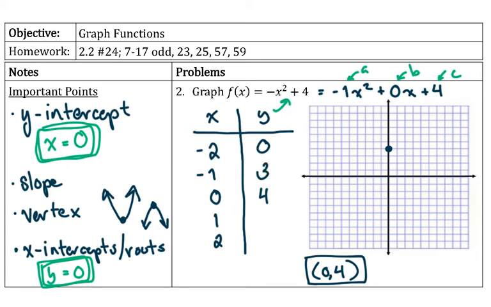We know the vertex is 4, 1 is also 3, and 2 is 0. And we now have other points here, like this, and here, and we see that we have a negative parabola, and we can draw in our lines.